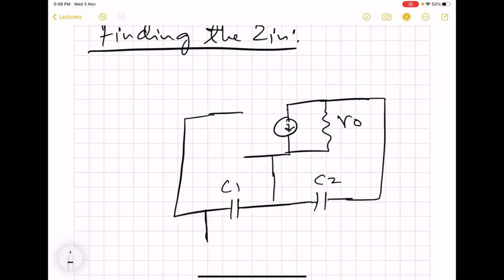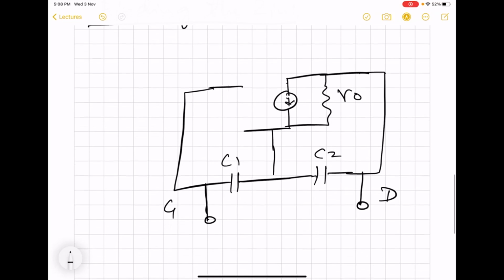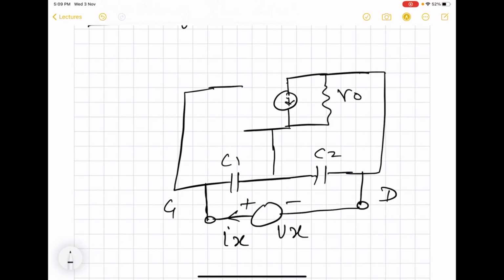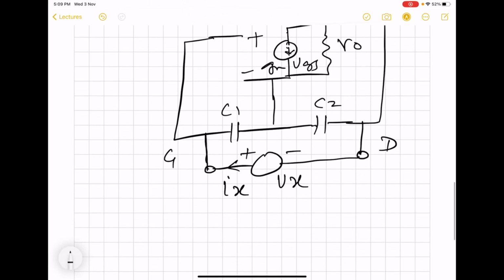Between these two nodes, gate and drain, we want to know what Zin is. So for that, we connect a voltage source, Vx, and find out how much current it is driving into this circuit. And once we know that Ix, we can find out the input impedance Zin as Vx by Ix.